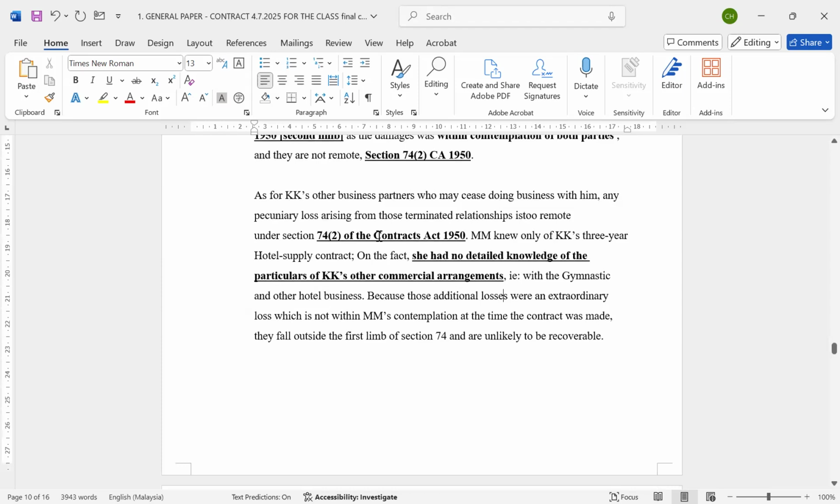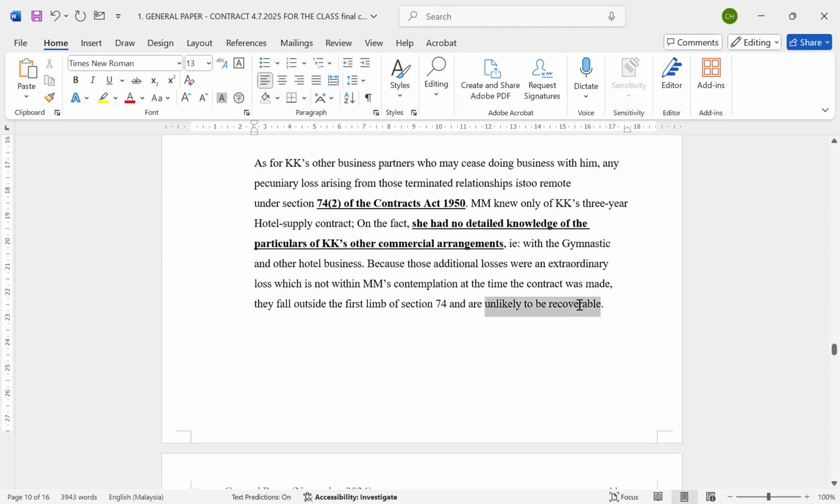So those additional losses, despite KK really having suffered them, should not be claimable. So you can conclude in such a way.